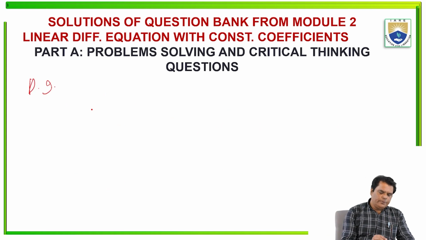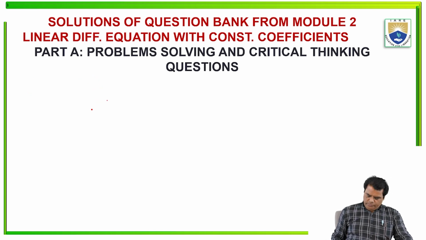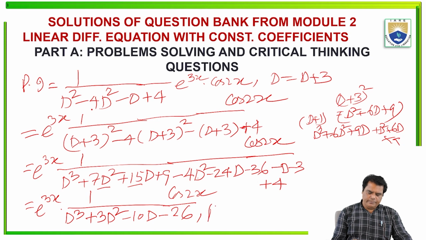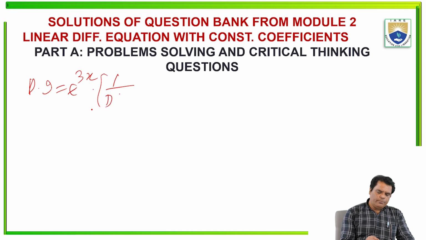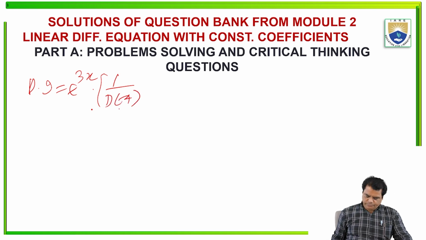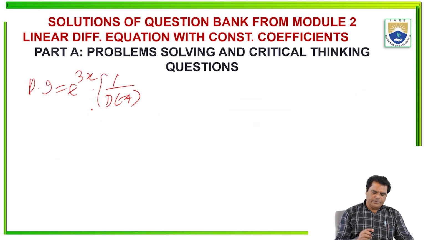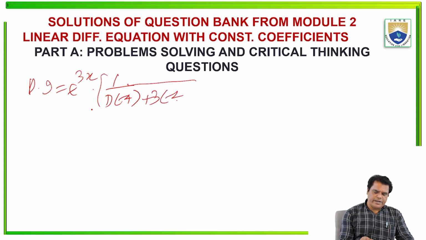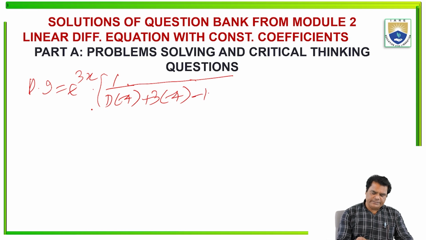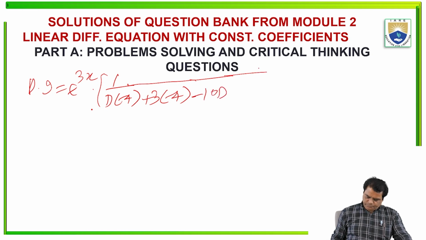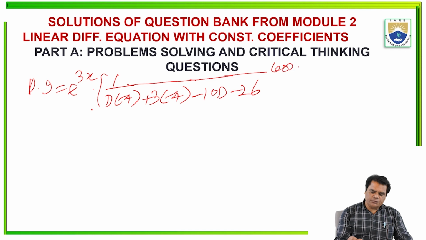So now PI is equal to e^(3x) into 1 upon D into minus 4, putting D² equal to −4. Next, 3D² means −4, and next −10D, no change, and −26, with cos 2x.